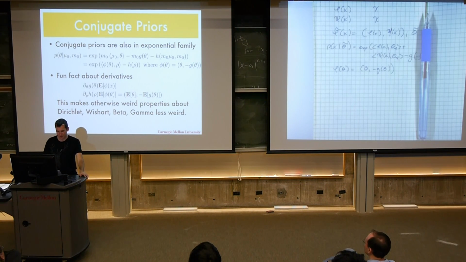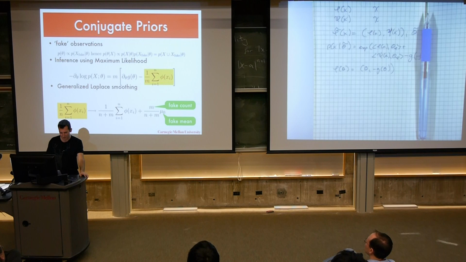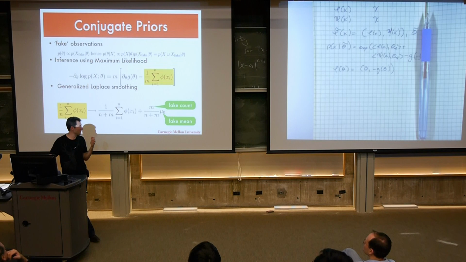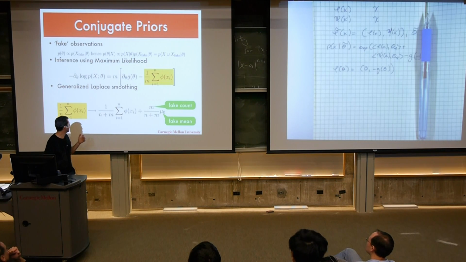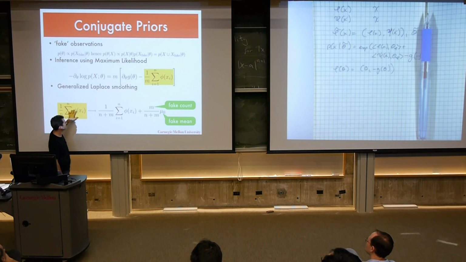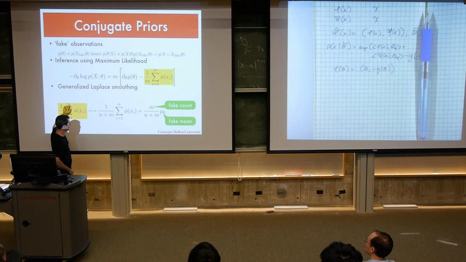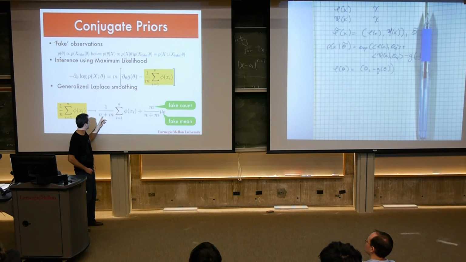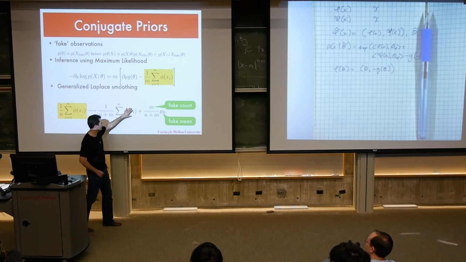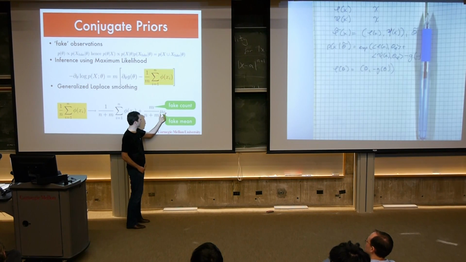Now let's actually put that in practice. So for conjugate priors, let's say we have some means. Then what happens is that our averages, we now add something to them. So rather than just observing n real ones, we observe n real ones plus m fake ones. So I need to divide by that, and now I have to add a fake mean to it.